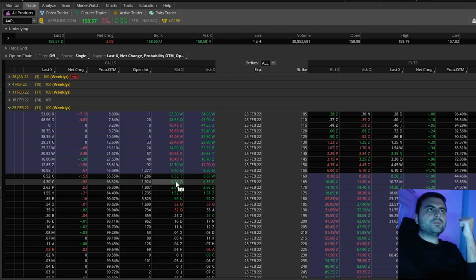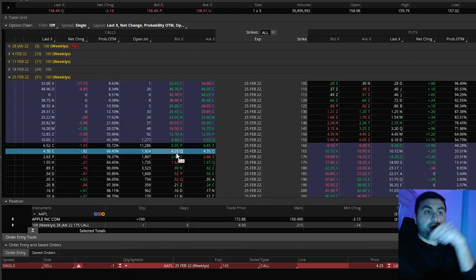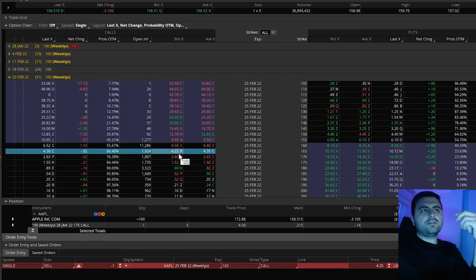You come to the bid side and you click the 4.25, which means that you will receive $425. Why? Because to calculate your net profit, you need to multiply these amounts by 100. So this will be your net profit.